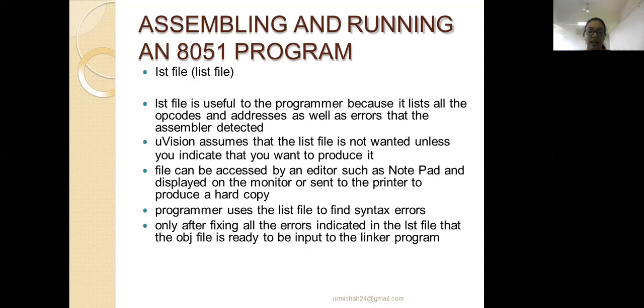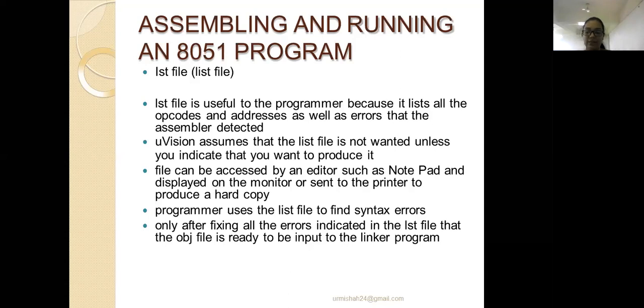So this LST file, or list file, is used to detect syntax errors. Only after fixing all the errors does it go to the next step, which is the object file. So the object file is ready as the input of the linker program.